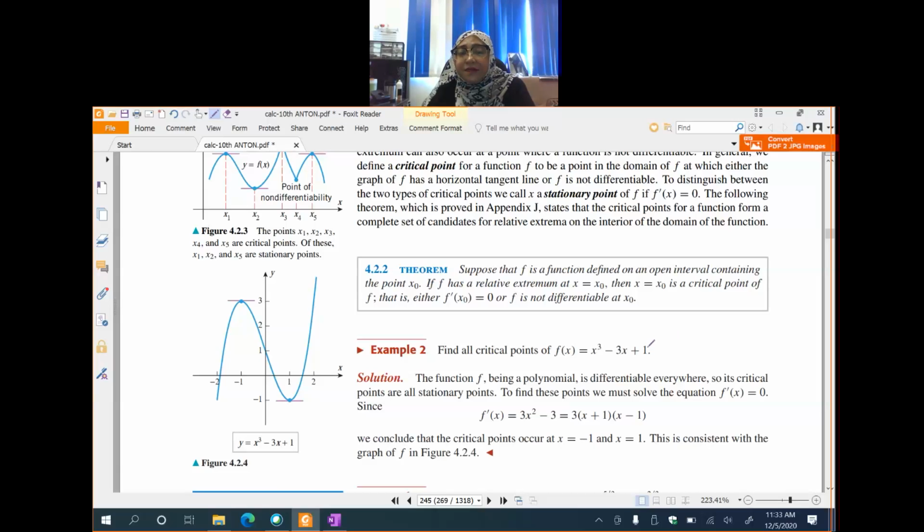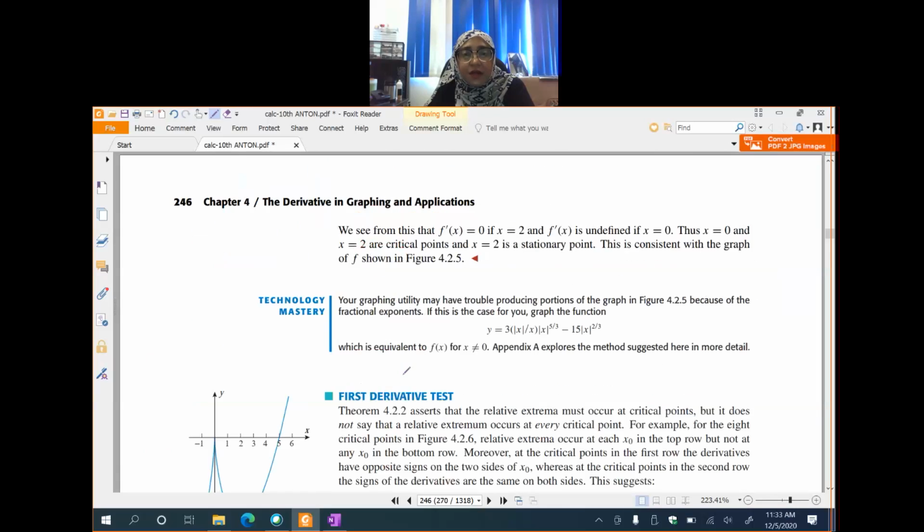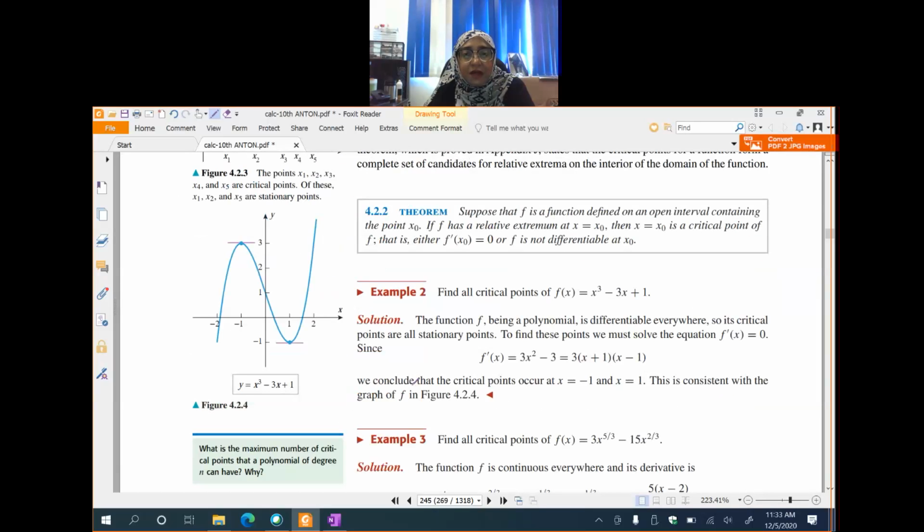You don't have to be too stressed about a polynomial, because it is so easy. You can just check the critical points when f prime is equal to 0. If you differentiate this, you will get 3x squared minus 3.